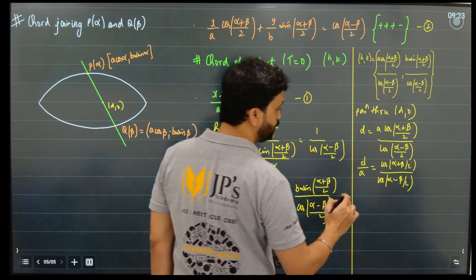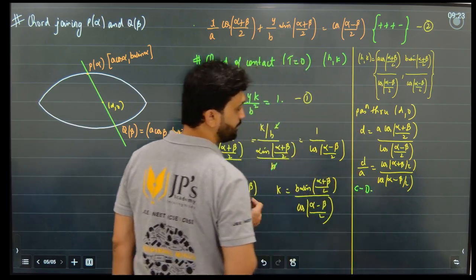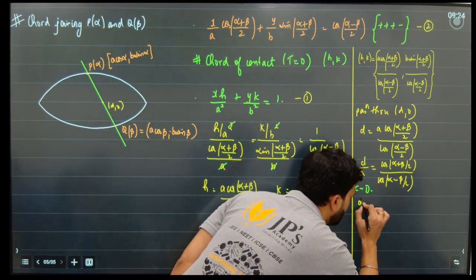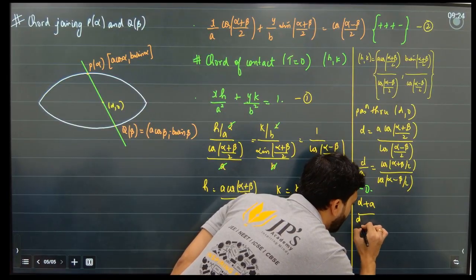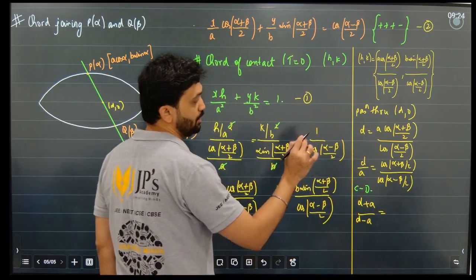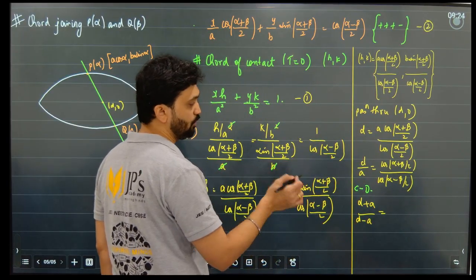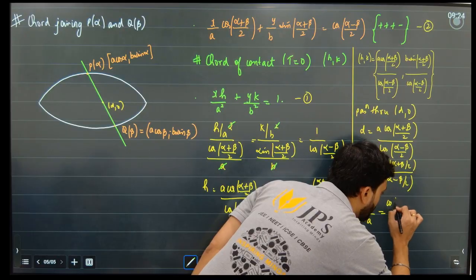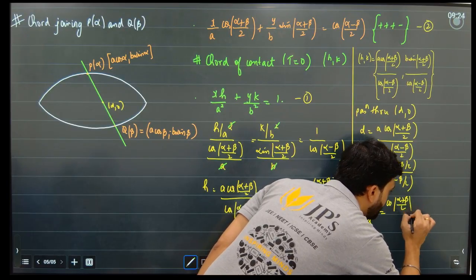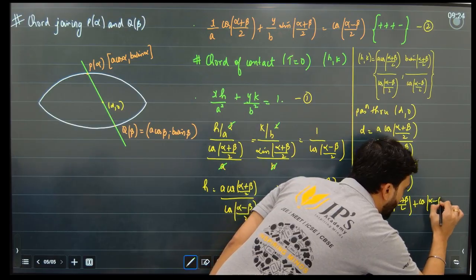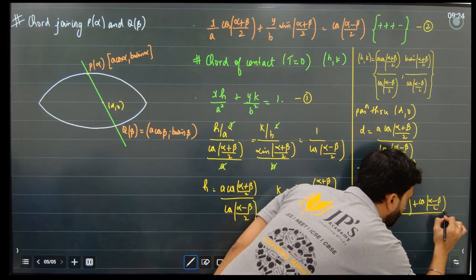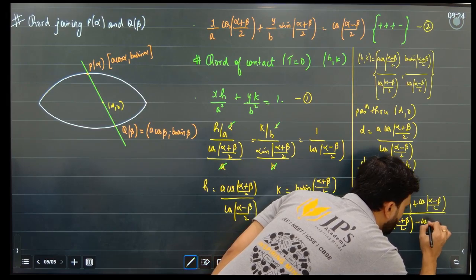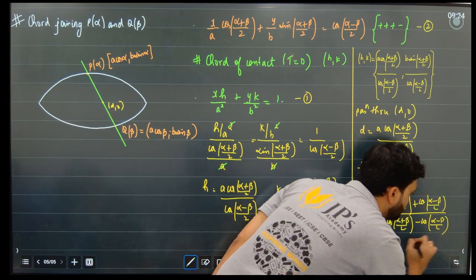Now guys, I am going to use componendo dividendo. If I use componendo dividendo, this will become (d plus a) upon (d minus a) is equal to cos((alpha plus beta)/2) plus cos((alpha minus beta)/2) upon cos((alpha plus beta)/2) minus cos((alpha minus beta)/2).